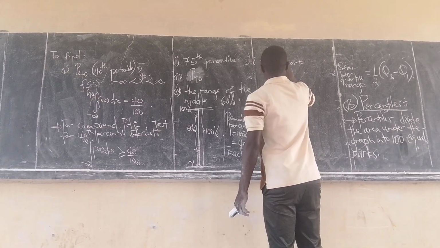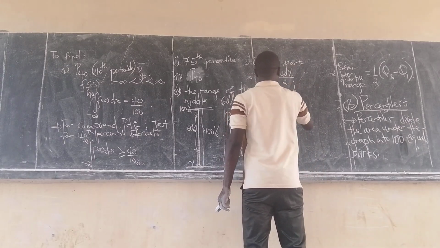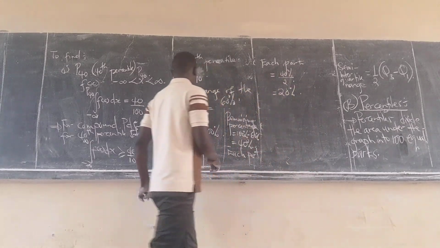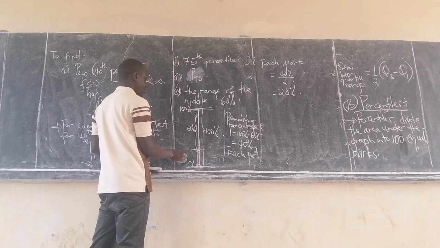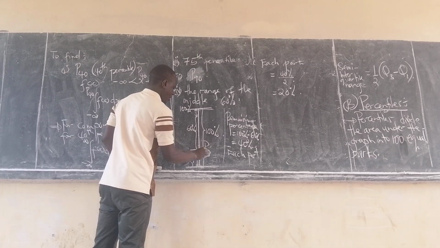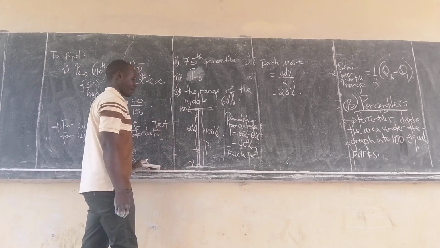It is going to take 40% over 2, which is the 20%. So from this 0 up here, that one will be the 20%. Then from here up there is also 20%.